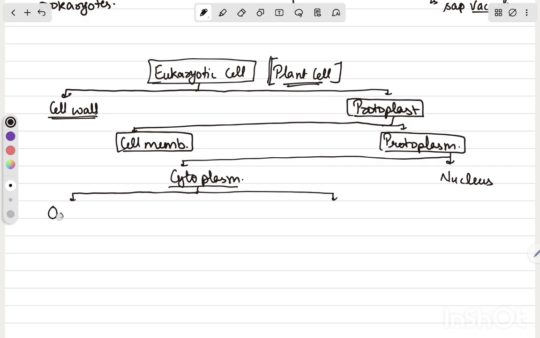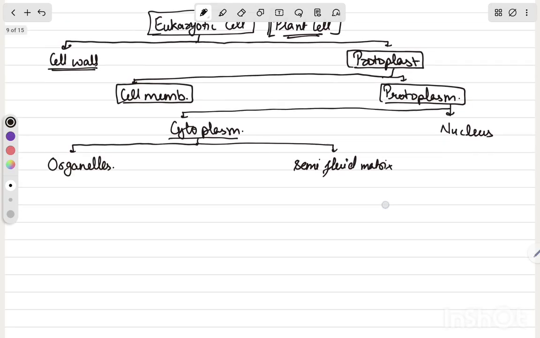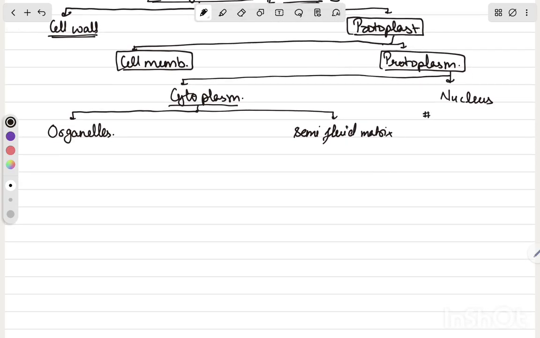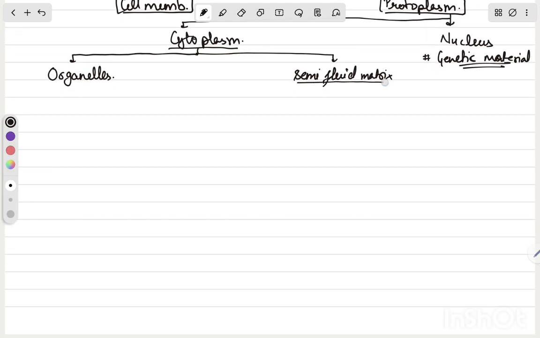One is organelles and other is semi-fluid matrix in which organelles are embedded. Nucleus has genetic material, basically DNA or chromosome stored in it, right? This semi-fluid matrix is the main arena of metabolic activity or biochemical reaction, right?